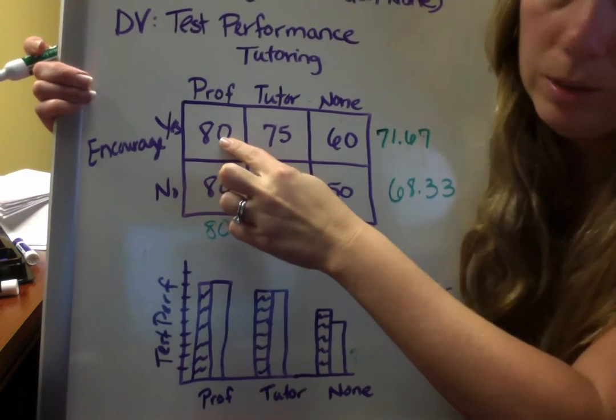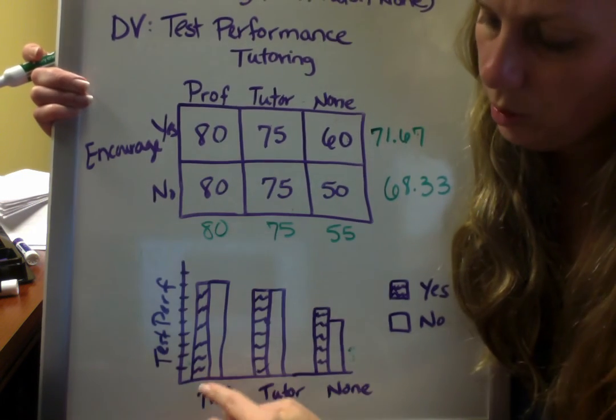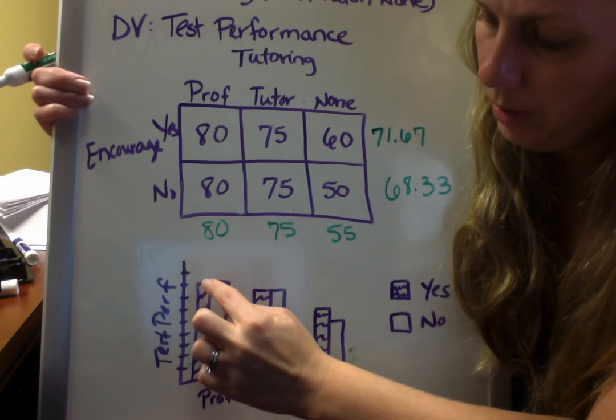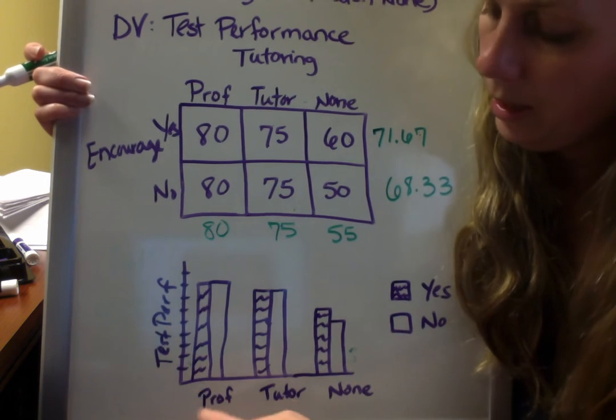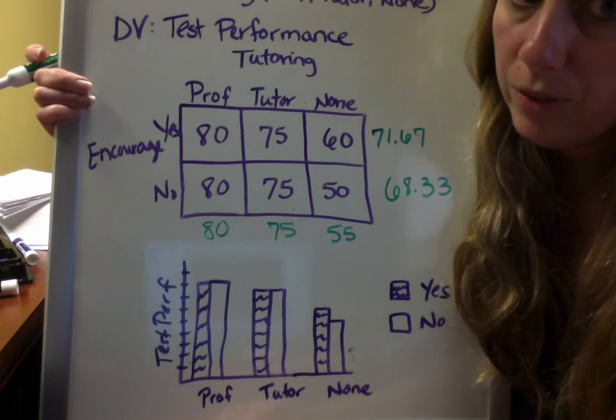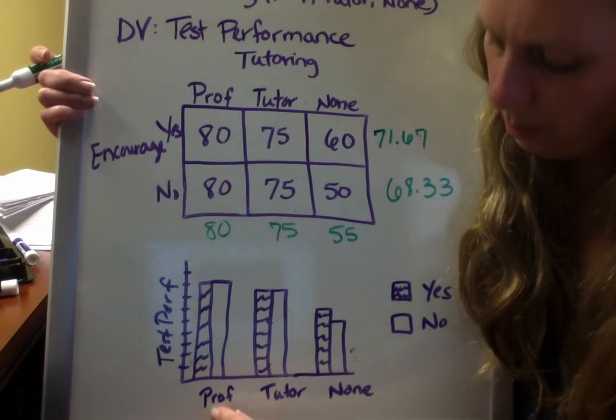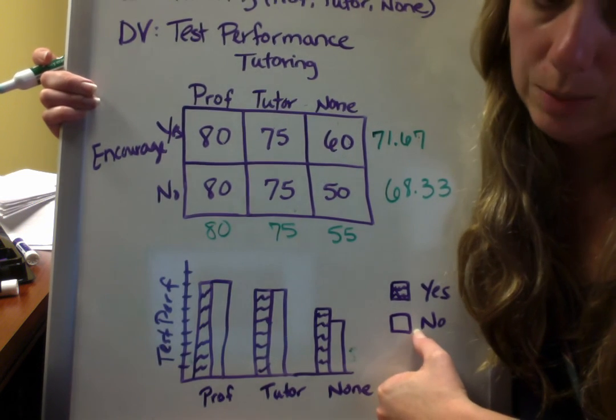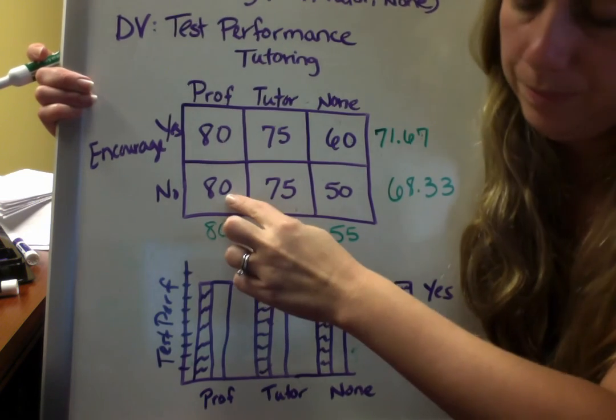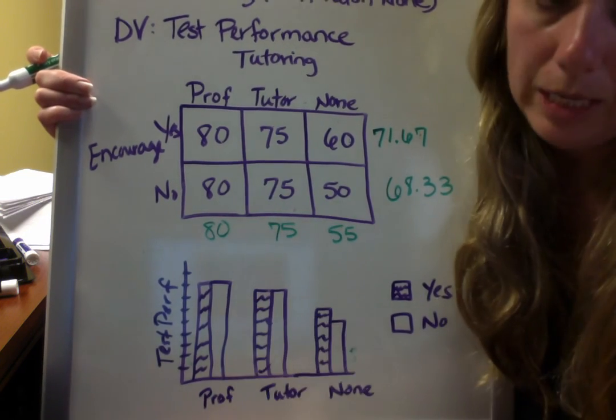That's these people. So they have an 80. So I made my bar graph go all the way up to my 80 bar. Okay. And I see the exact same effect for people who are being tutored by the professor and are not being encouraged, these people. So they also went up to an 80.